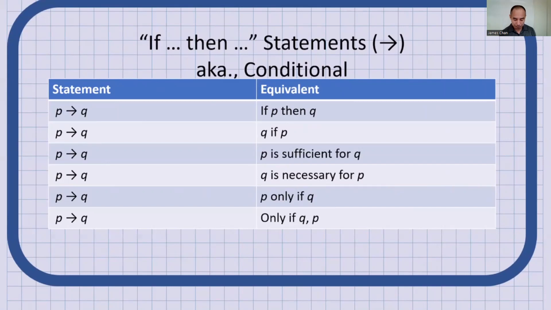Because you want to see this if, and you're not going to be sure if it's an if and only if, which is a biconditional, which is the 4th statement that you're going to be looking at. Only if, you might definitely think it's an if and only if, right? So like I said, you have to see the problems, do the problems, make the mistake, and bounce back. All right.